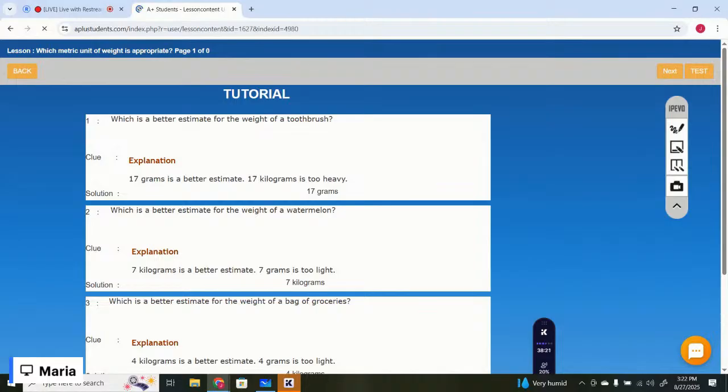Which is a better estimate for the weight of a toothbrush? It would be 17 grams.